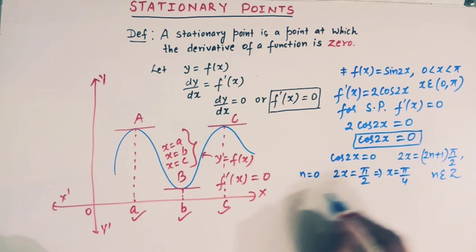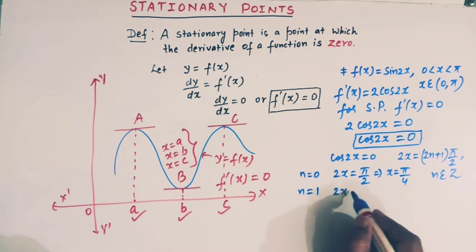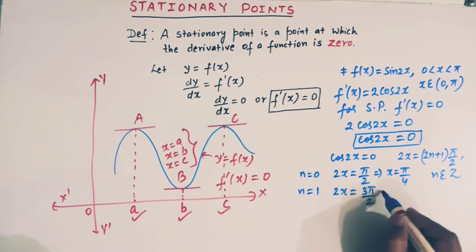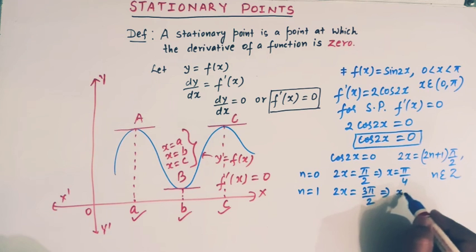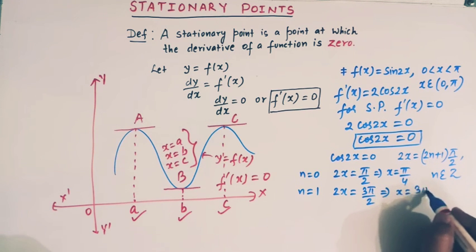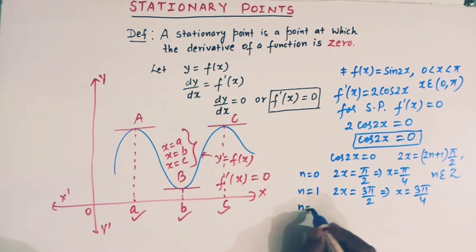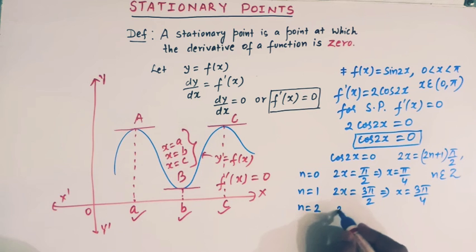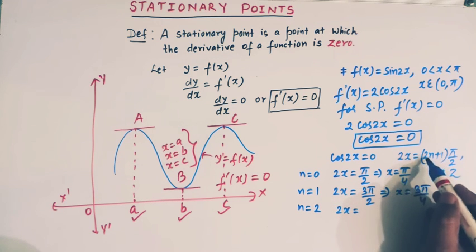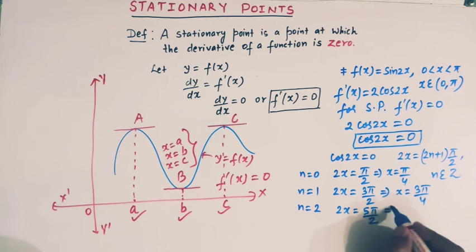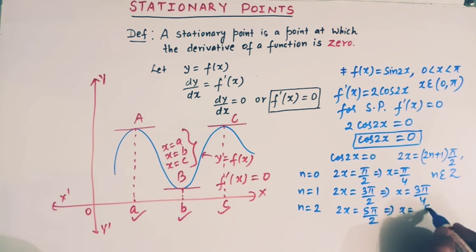Now when n is equal to 1, 2x is equal to 3 pi by 2, and this gives x equal to 3 pi by 4. Now when n is equal to 2, then 2x is equal to (2 times 2 plus 1), that is 5, so 2x is 5 pi by 2, and x is equal to 5 pi by 4.